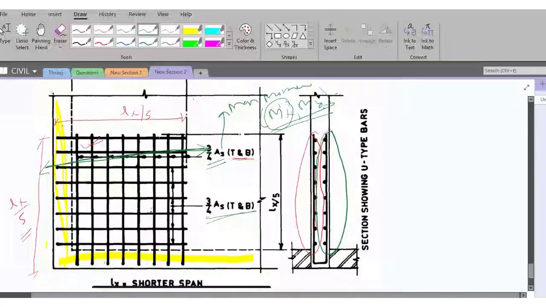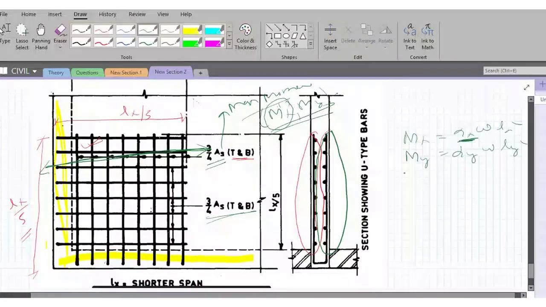Even by seeing the coefficients, you will be able to identify whichever coefficient is higher will definitely give you the maximum moment, because if you see the expressions, Mx is alpha x into w into Lx square, and My is alpha y into w into Ly square. So based on these coefficients, you will be able to identify which one is going to give you the maximum moment. These things will become very clear when we start solving the problem.